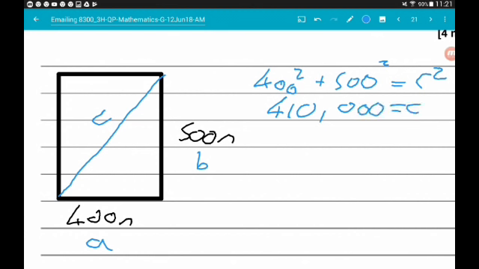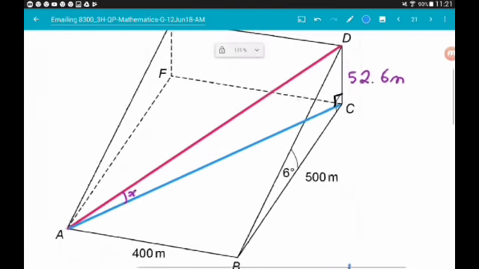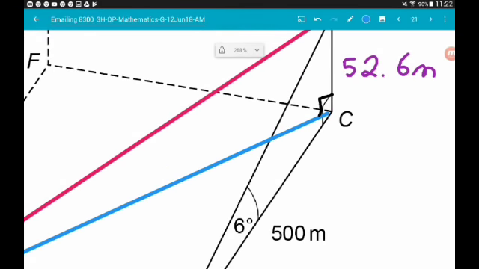So that is c squared. If we square root, then we get c is equal to, to one decimal place, 640.3. So that is meters.